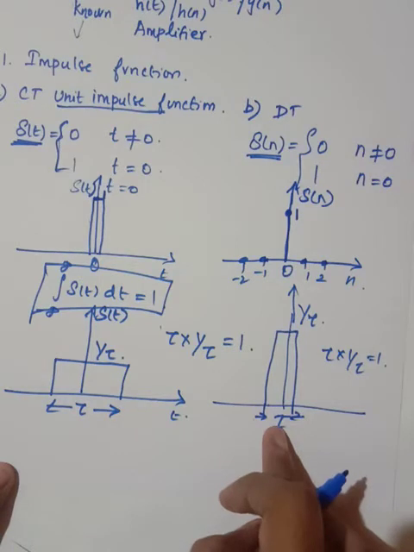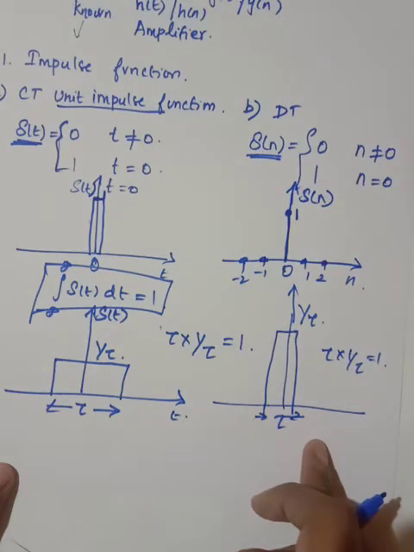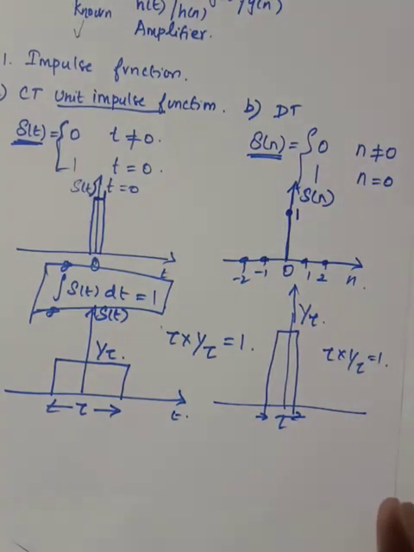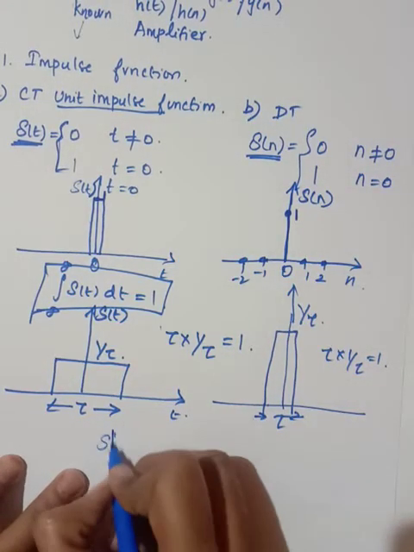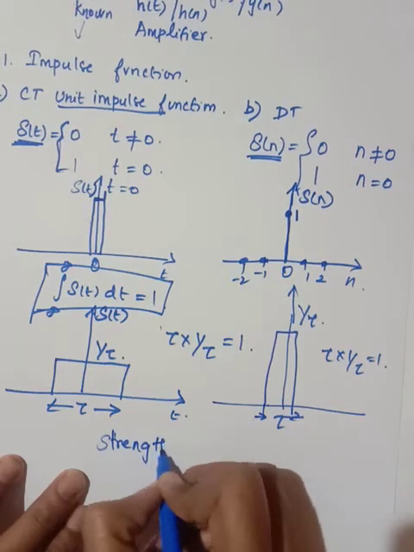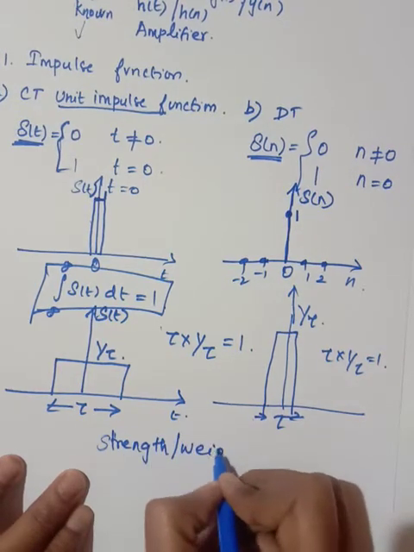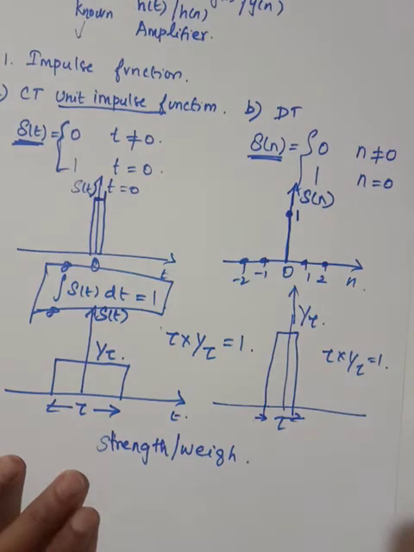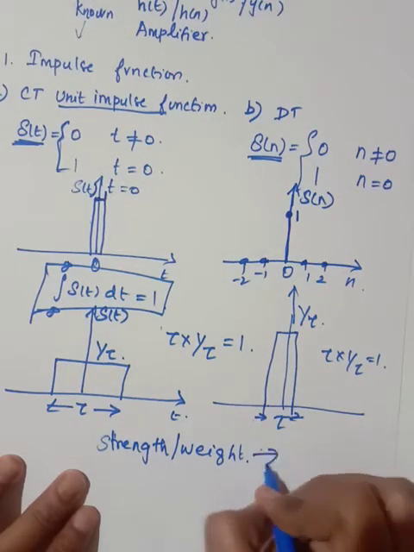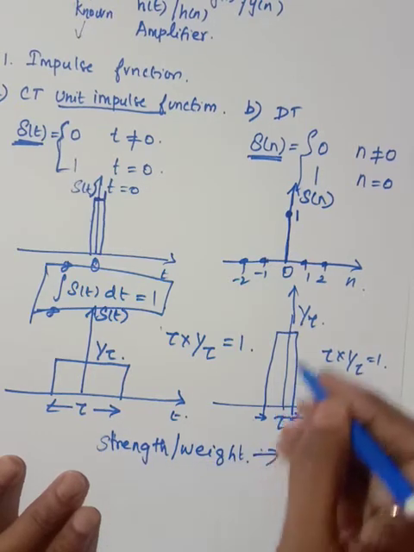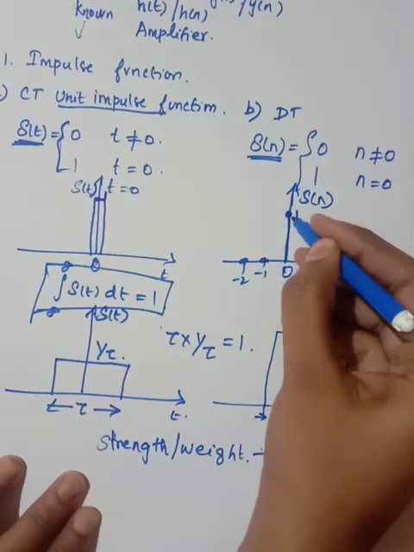As this tau tends to 0, this pulse becomes a tall and narrow spike with unit area and infinite amplitude. The area under the impulse is called the strength or weight. Here the strength of the signal is 1.